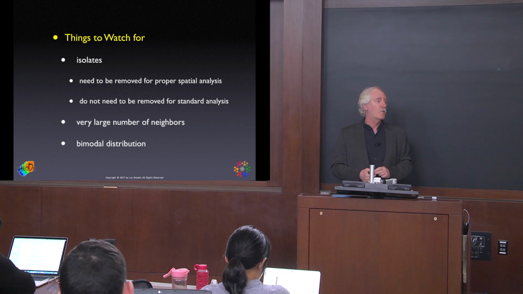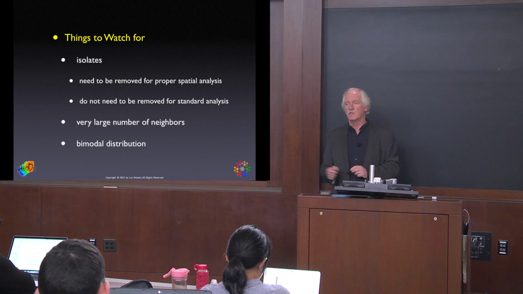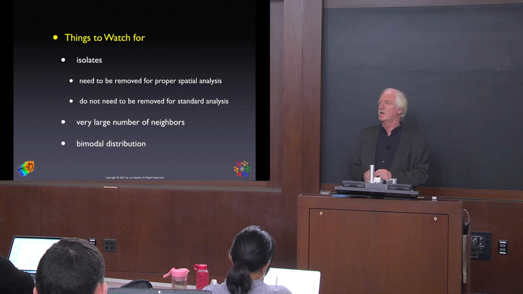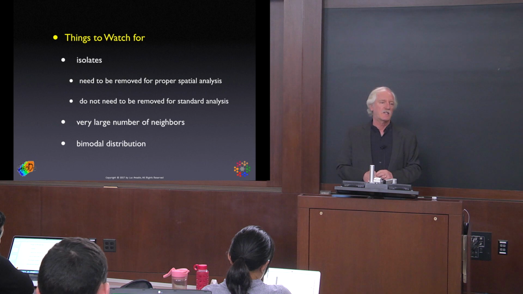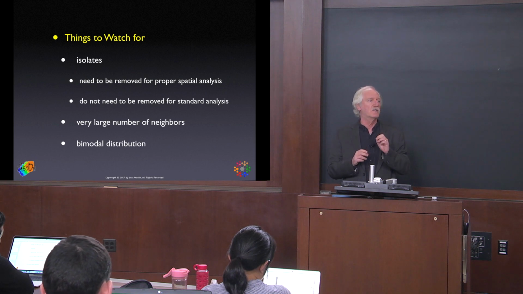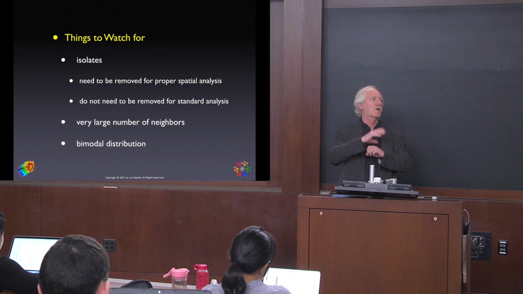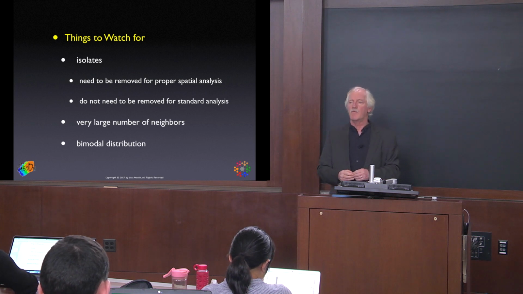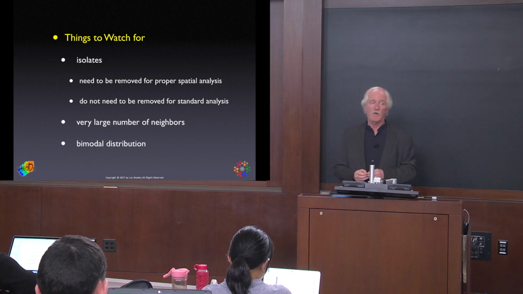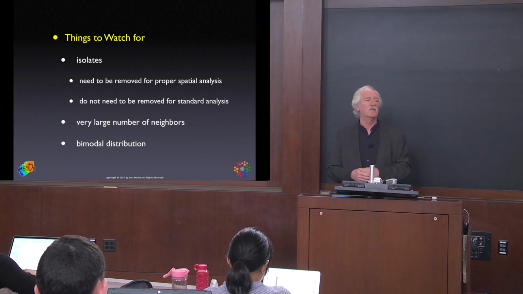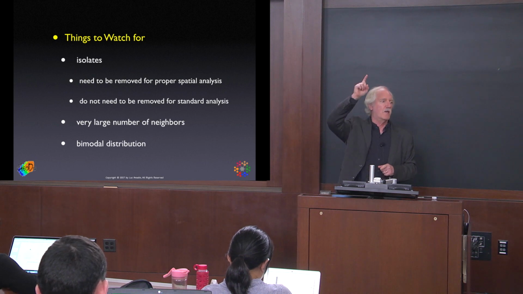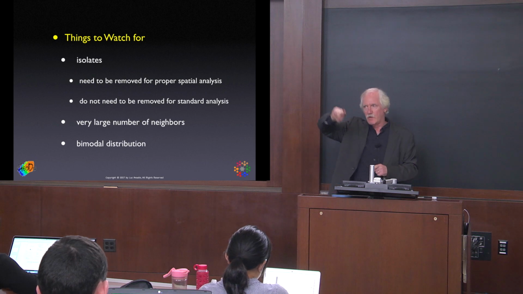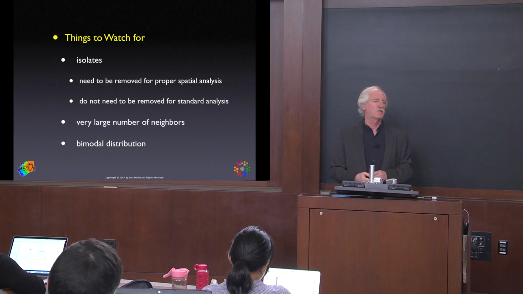You also want to know about bimodal distributions. And my classic example here is not North Carolina, but Virginia. Virginia has counties that are city counties and then regular counties. So if you look at the connectivity histogram for Virginia counties based on simple contiguity, you have a spike at 1, and then you have another kind of regular symmetric distribution.